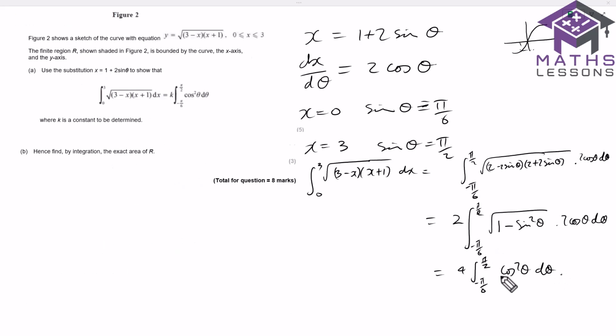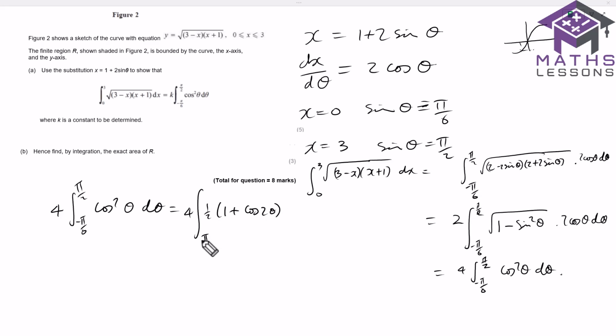Moving on, I'm going to do this integration over here. So we've got 4 times the integral of minus pi by 6 to pi by 2 of cos squared theta d theta. And that is just going to be equal to, well, if we use our double angle formulae, cos squared theta is equal to a half of 1 plus cos 2 theta.